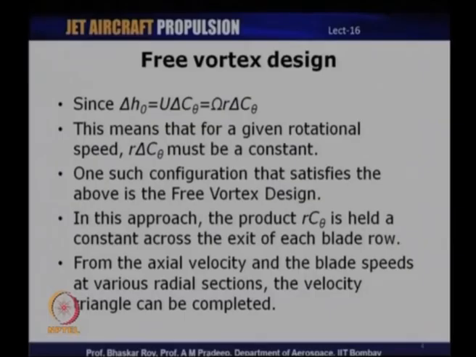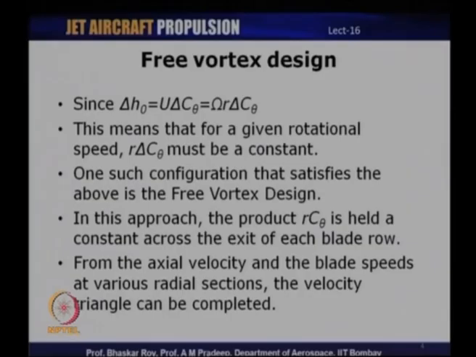What this means is that for a given rotational speed, that is, if we fix omega, then r times delta C W must be a constant. So, the product of the radius and the tangential velocity must be a constant.